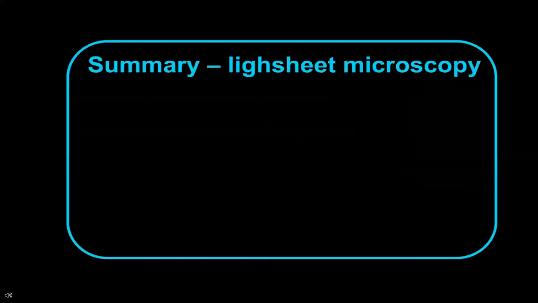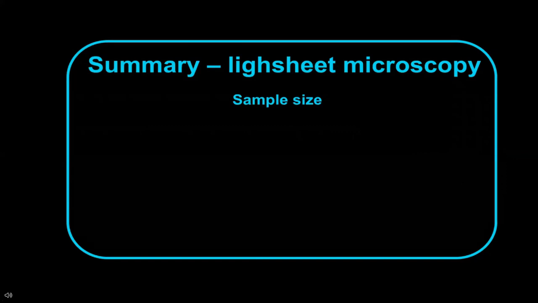as we do. So some summary here on the light sheet microscopy part. You want to consider your sample size. If you have a sample size less than 100 microns, you may be able to use confocal. If you use larger sample sizes, you do have to check the sample size and the specifications of your light sheet microscope.